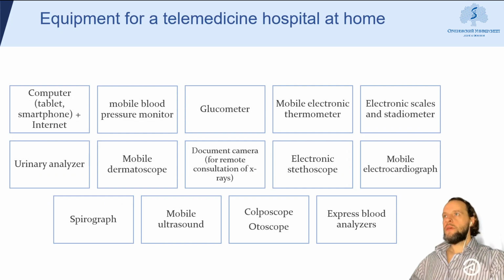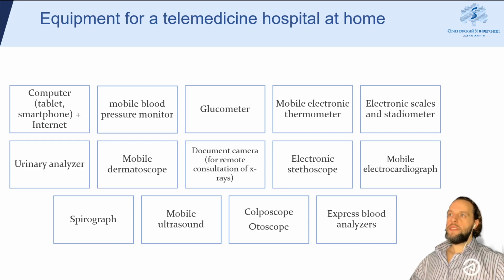Let's name what could be equipment for such a hospital at home facility. It could be a computer, tablet, or smartphone with internet connection for direct communication with the doctor.